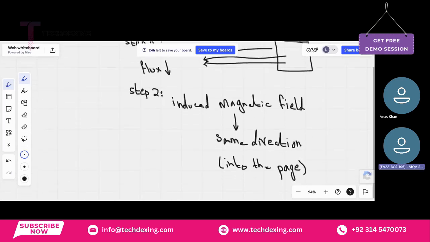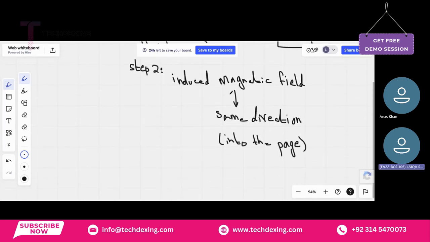After that, in step 3, using the direction of the induced magnetic field, we will check the direction of the induced current. Which rule do we use to find the direction of the current if we are given the direction of the magnetic field?